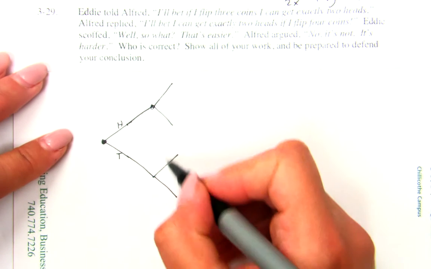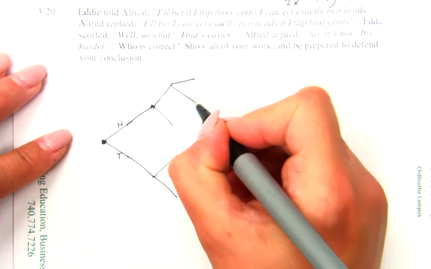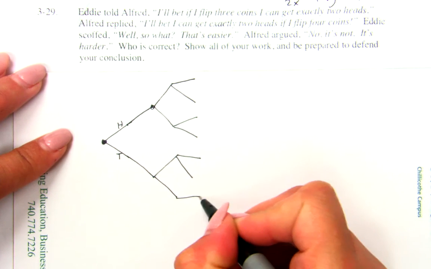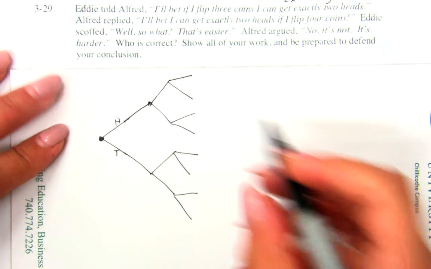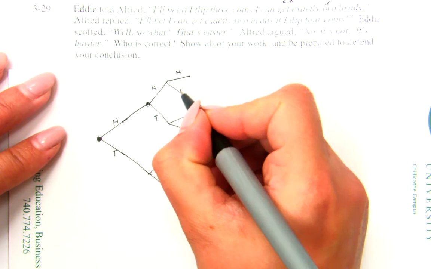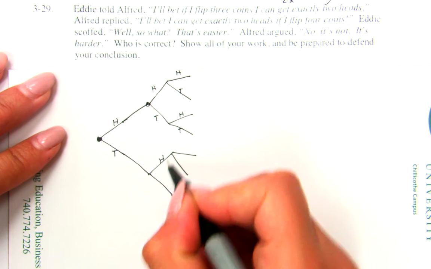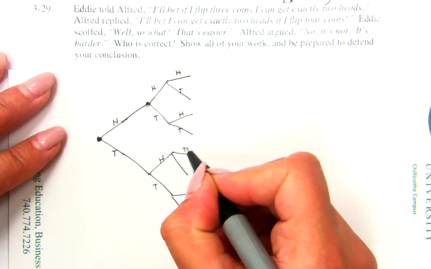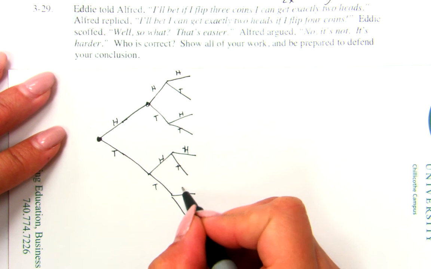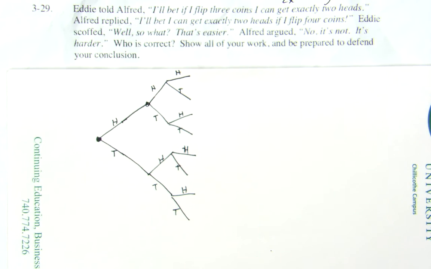That's your second flip, your second coin, and then your next one is going to be heads or tails, heads or tails, heads or tails, heads or tails.